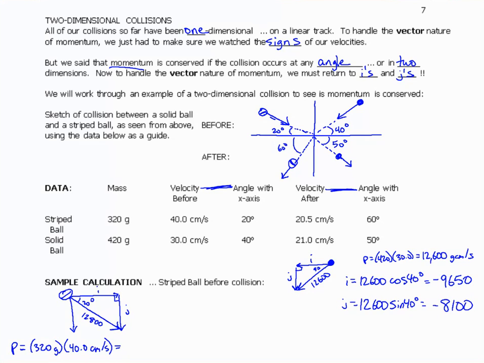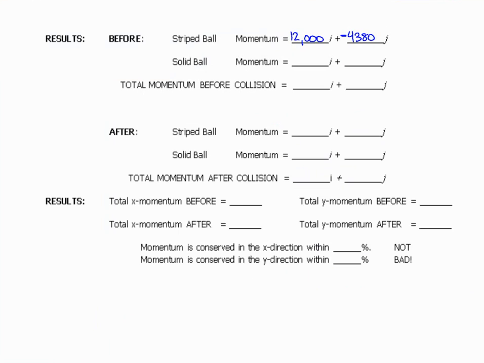That's going to be negative. And so we can put these numbers here: negative 9,650 and negative 8,100.